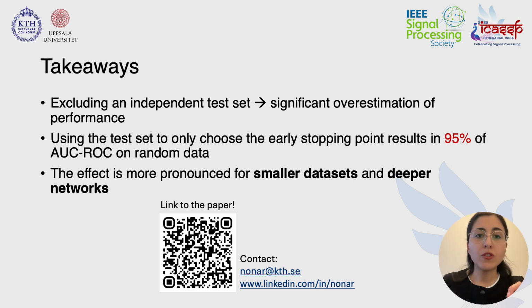So we should make sure to use proper evaluation strategies like nested cross-validation, or for example using a held-out test set. Usually it's not very feasible for small data sets, but nested cross-validation is, to make sure that we get reliable results.